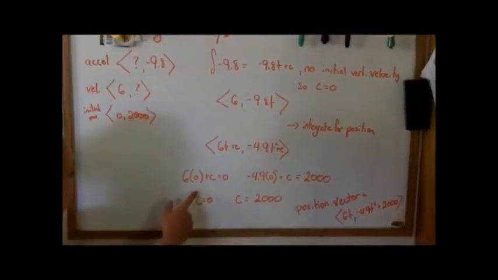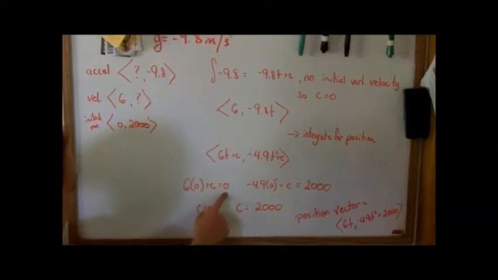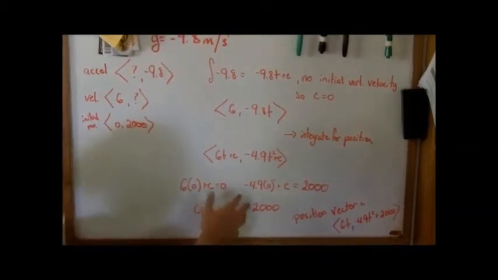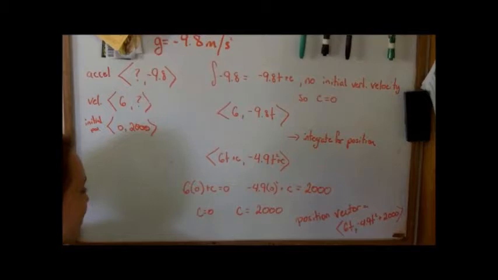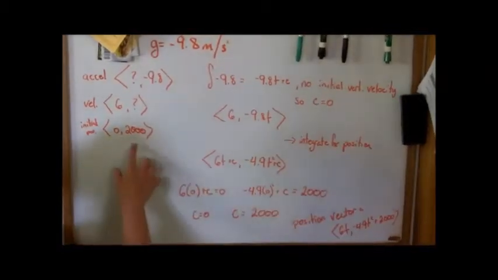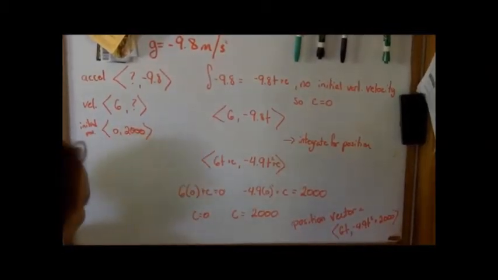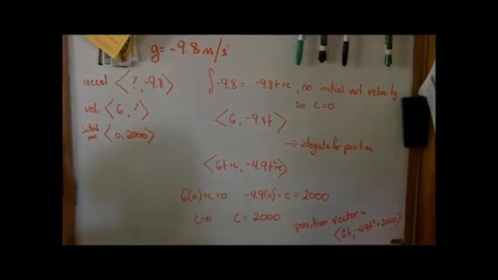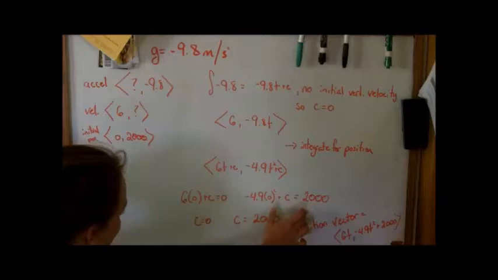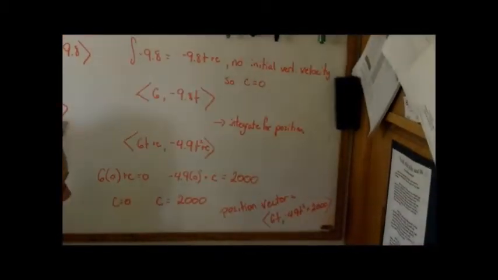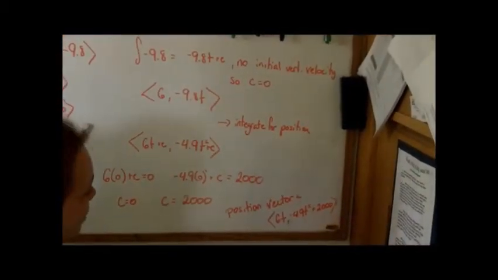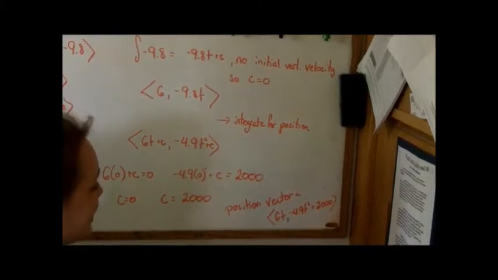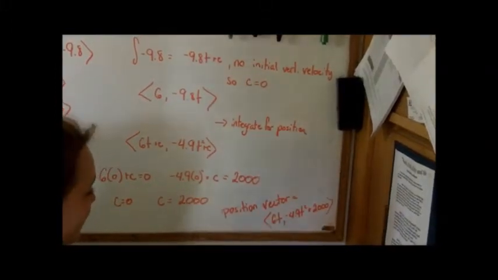So when t equals 0, we have to have c equals 0 so that it still equals 0. And then for the vertical component, we know I started at 2,000 feet. So when we plug 0 in for t because it's the initial position, we have to have c equals 2,000. So our position vector is 6t for the horizontal component and negative 4.9 t squared plus 2,000 for the vertical component.